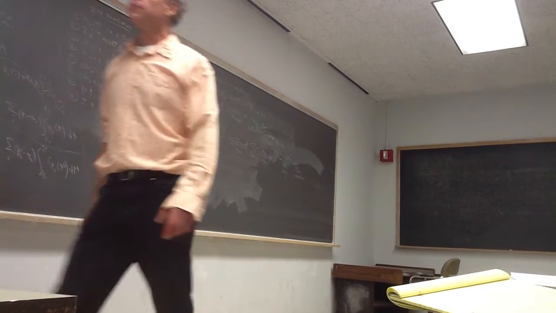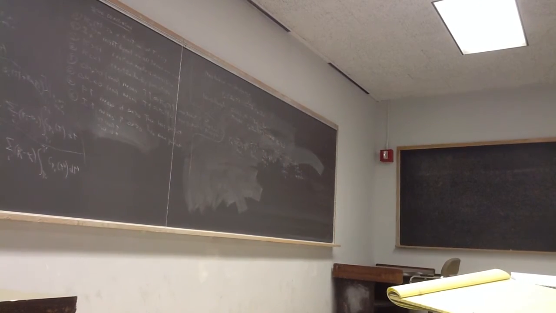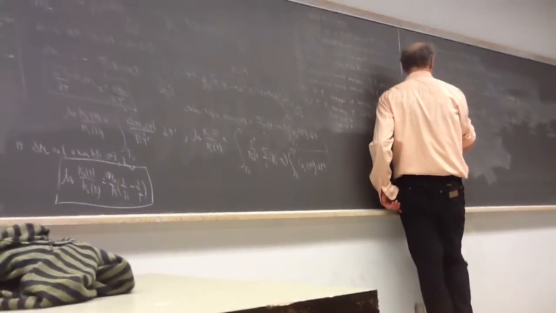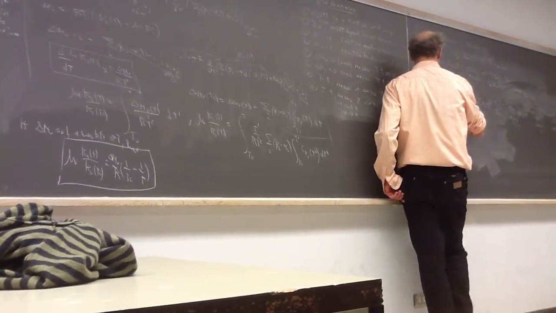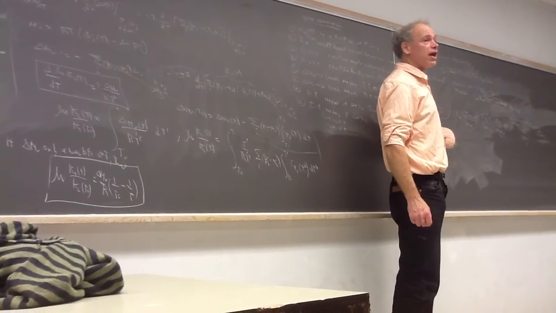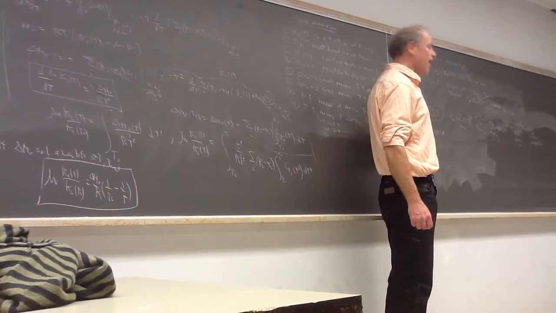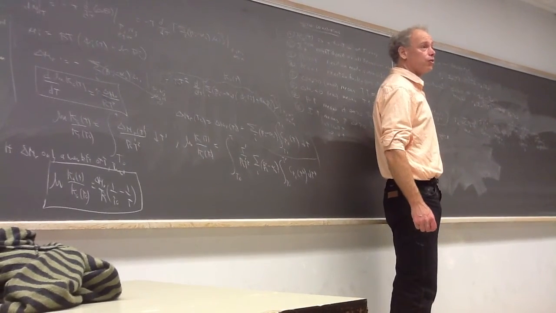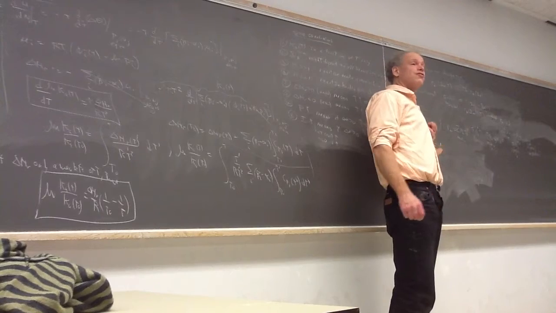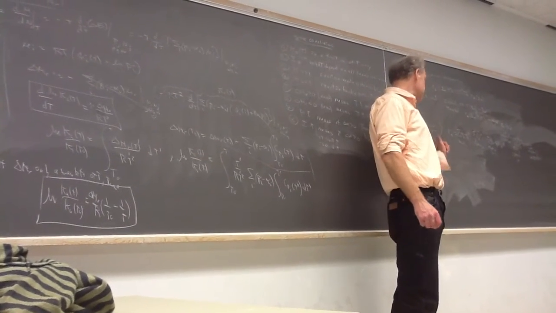So for example, if I have a reaction, A plus B goes to 2A, then for the forward reaction, beta for A is 2, and alpha for A is 1. So 2 minus 1 is 1. For the reverse reaction, it's the opposite.